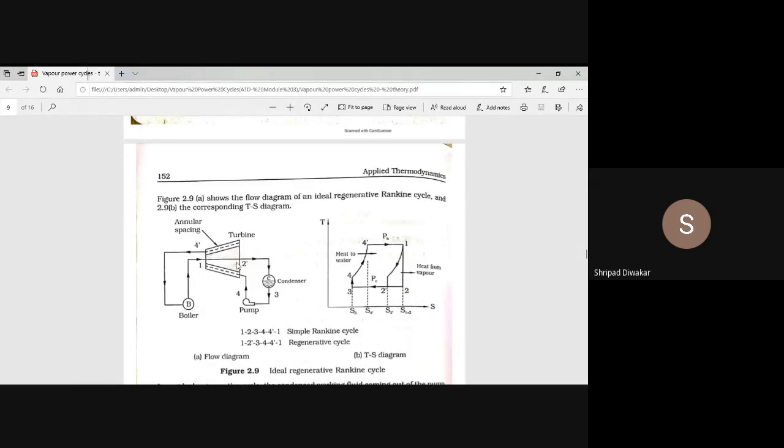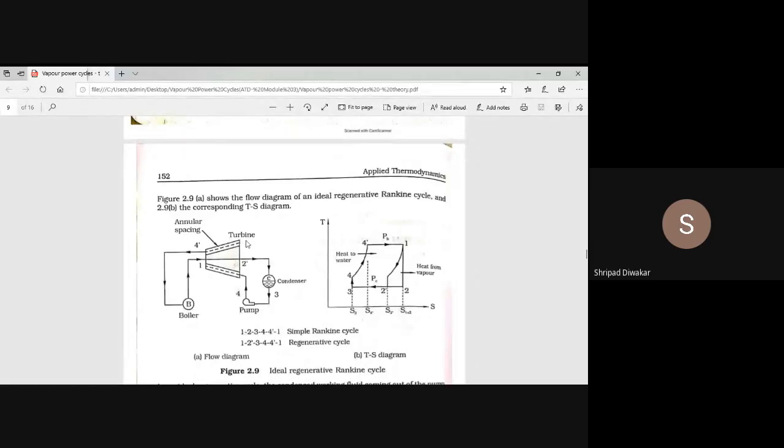In the turbine there is vapor, and we have the turbine casing, which is also called annular spacing, meaning certain tubes are present around the turbine structure, and in that annular spacing the water flows.